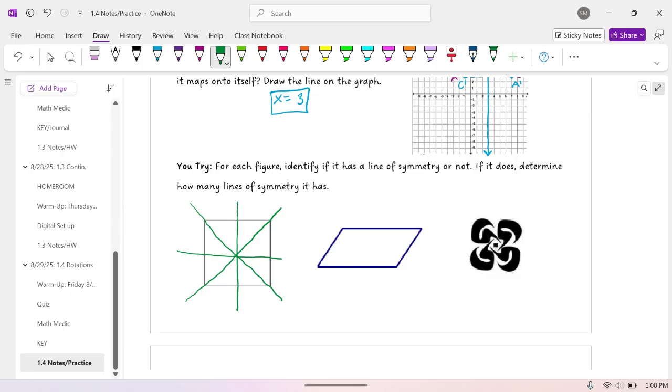So yes, it has a line of symmetry. And it has 4 lines of symmetry. Because remember, if we're talking about a regular polygon, a square is a regular version of a rectangle. Since it has 4 sides, that means there are 4 lines of symmetry.